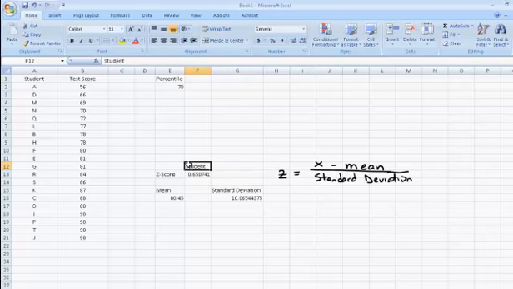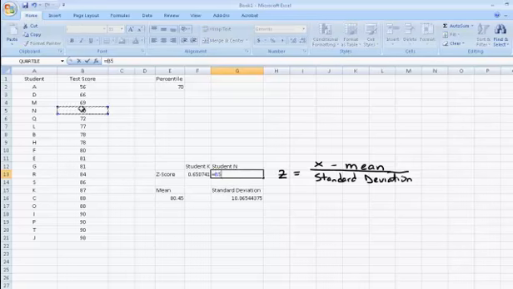We'll do it for one more student. In this case, we'll try student N. We'll calculate this student's z-score. The formula is the same. It's equals their score minus the mean. Remember to put it all in parentheses, divided by the standard deviation.